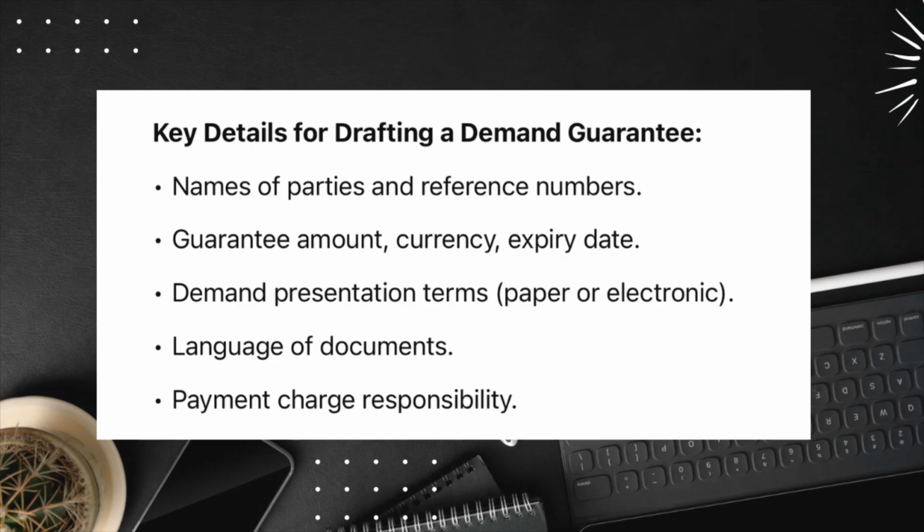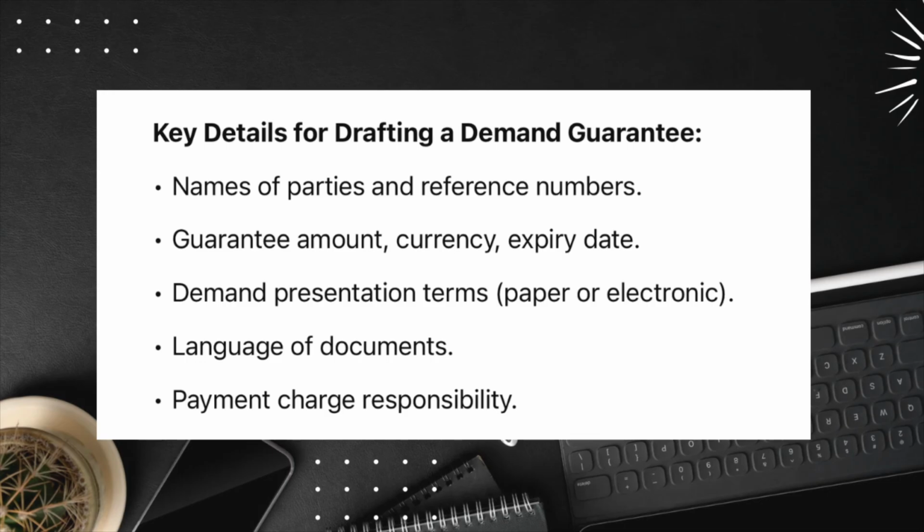When drafting the demand guarantee without reference to any specific rules such as URDG 758, you need to ensure it includes all the critical details. First, the names of the applicant, beneficiary, and guarantor. Clearly identify all parties involved to avoid confusion later. Second, reference numbers or other identifiers.